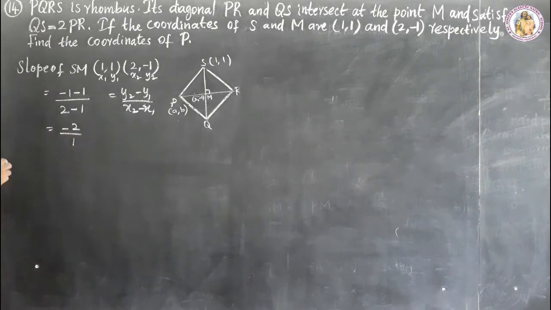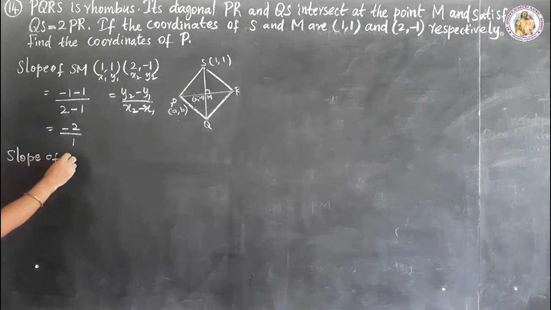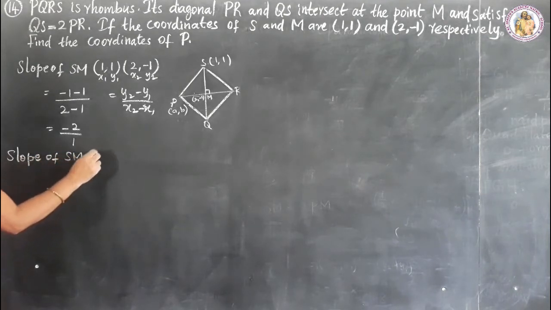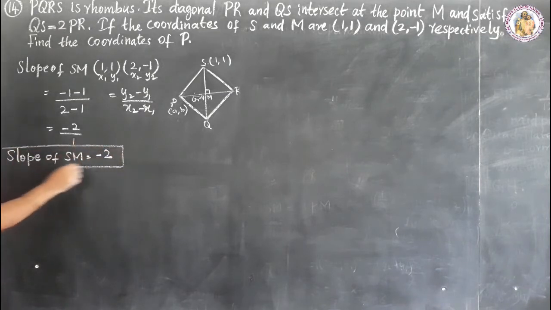So slope of SM is minus 2 by 1, so it is minus 2.